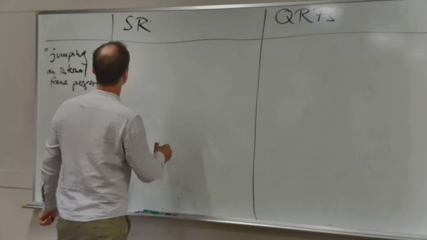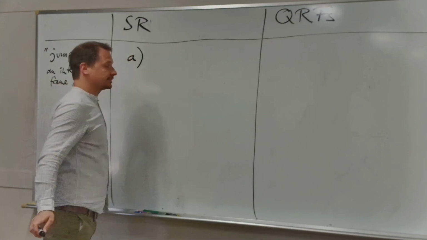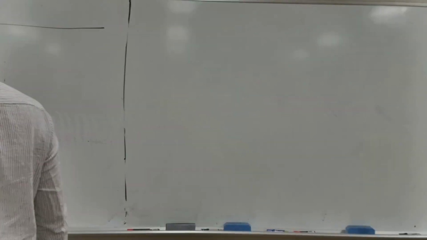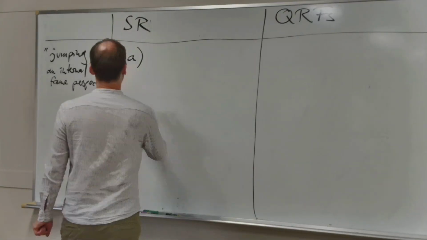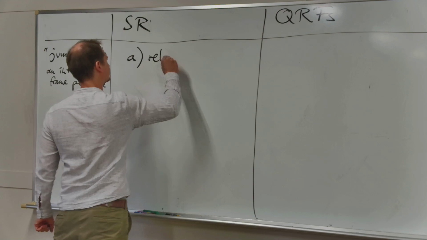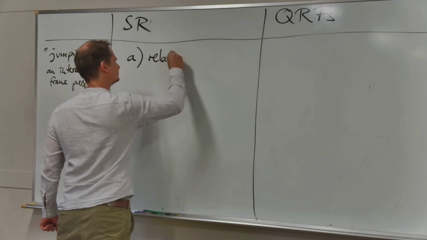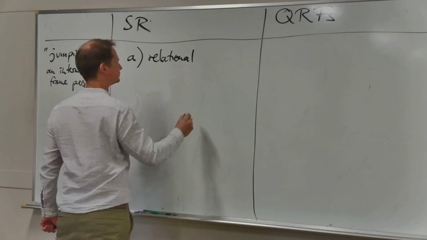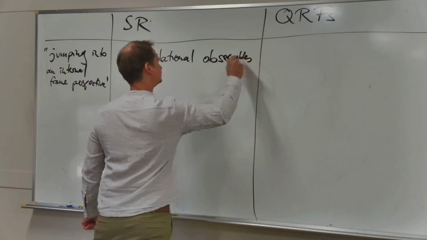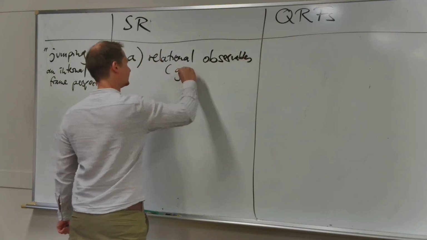And so there's two equivalent ways of doing that. One is relational observables, which remain gauge invariant.